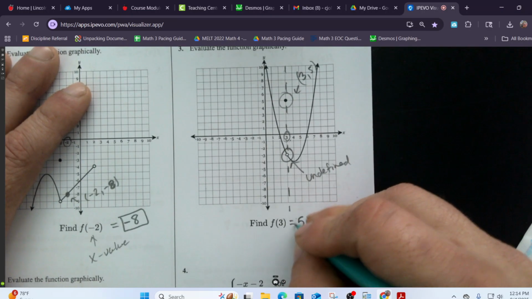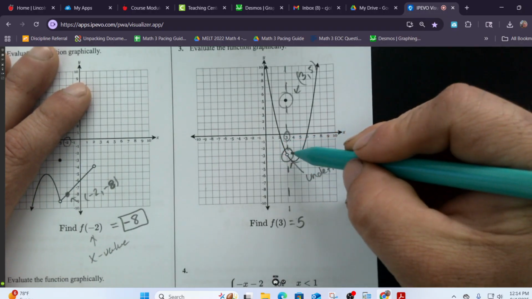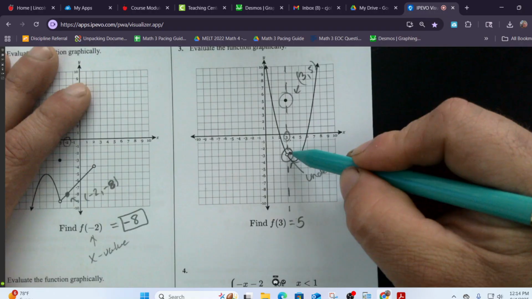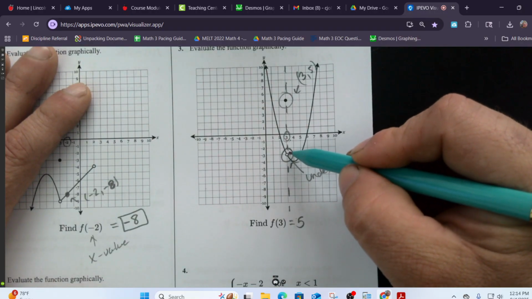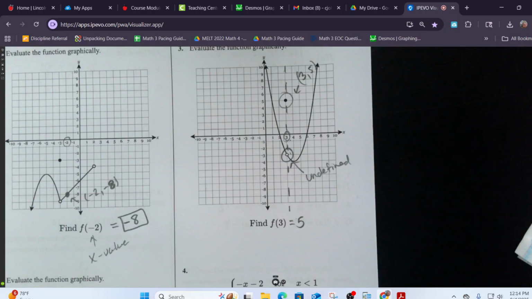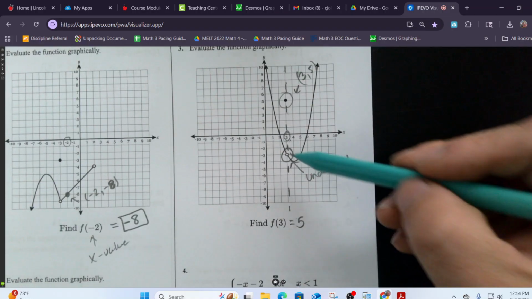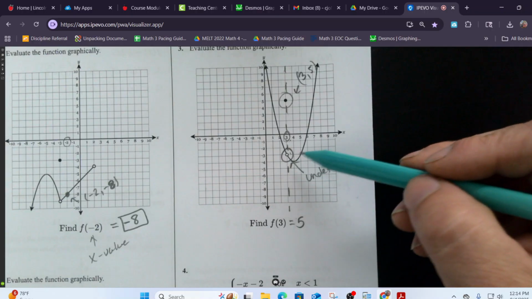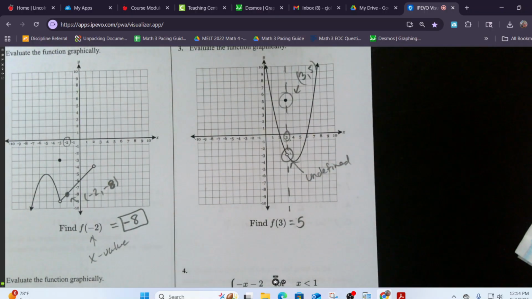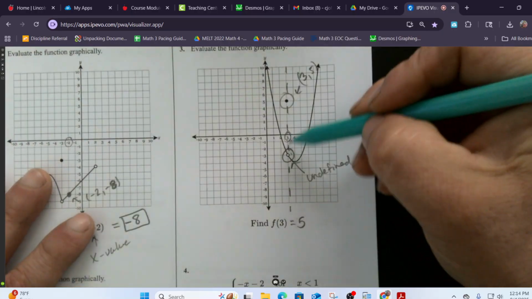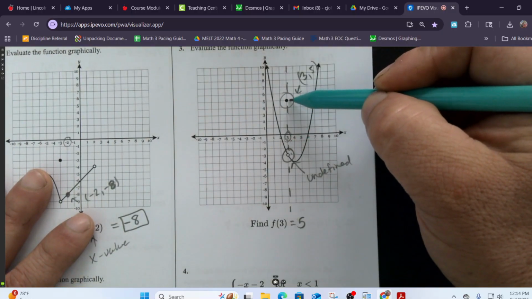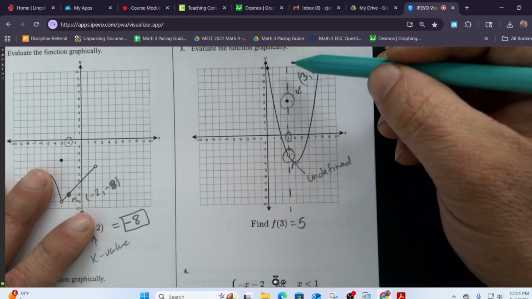Make sure you know that the open dot coordinate is undefined. I know that coordinate is 3, -3. If you put that as an answer, 3, -3, it would not be correct. If you put undefined, it wouldn't be correct because this one's up here and it is defined on that same vertical line.